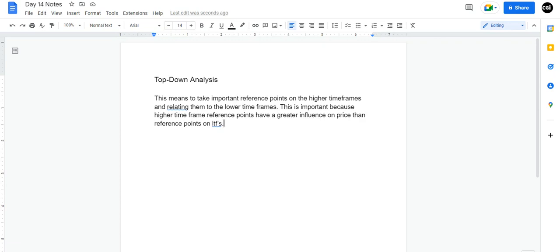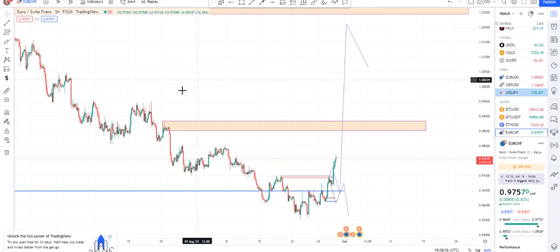You don't want to be trapped in an uptrend that is actually a downtrend on a higher time frame. That's why we do top-down analysis, so that you can know what the direction of the market is.